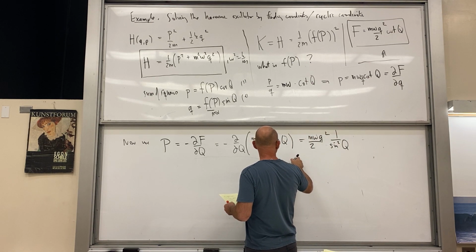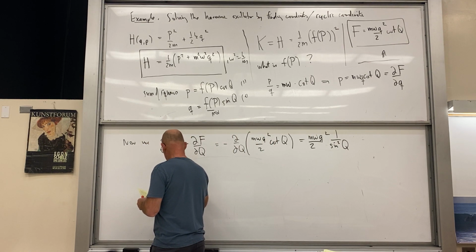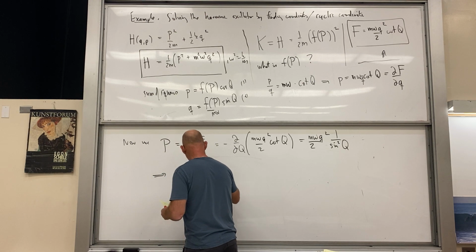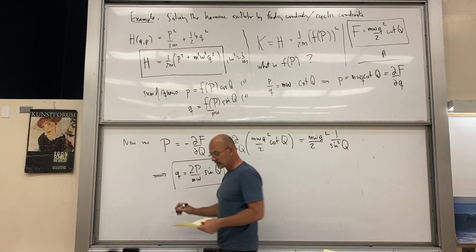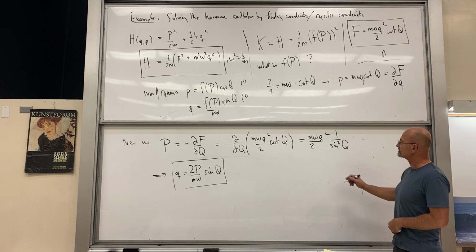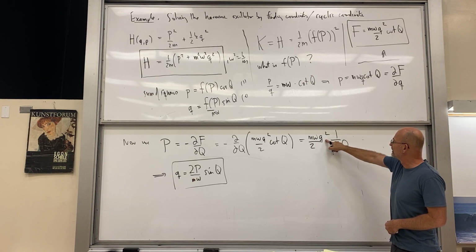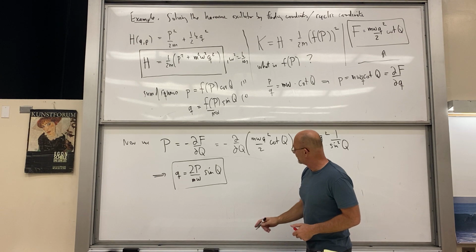And now we're going to solve for q, lowercase: q equals the square root of 2 capital P over m omega, times sine of Q. Just so we have that in front of us.